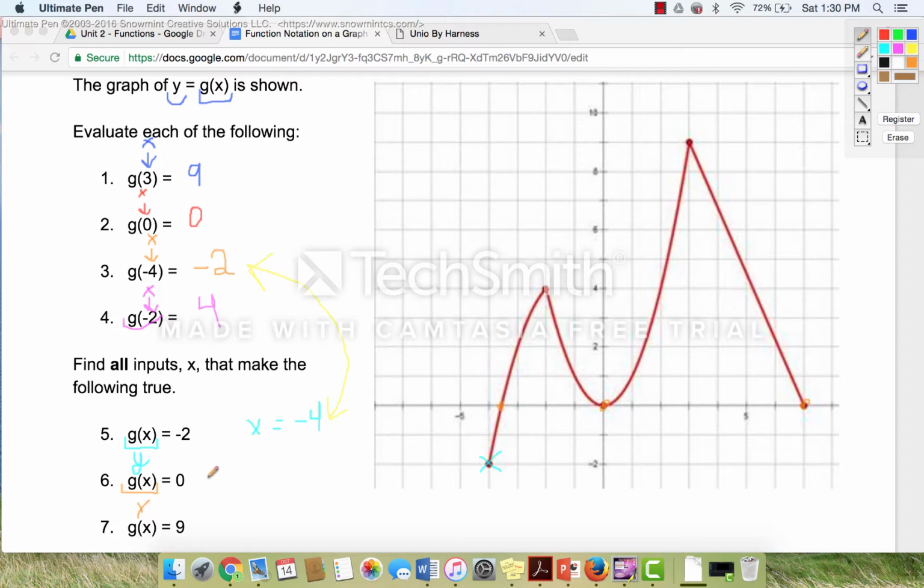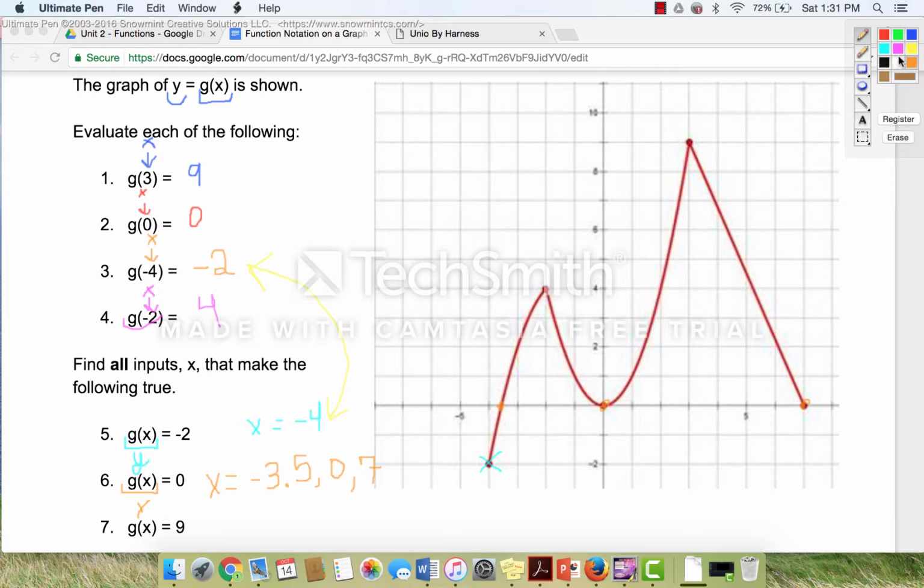I think I called it -3.5 on your little quiz thing. So about -3.5 gives me a y value of 0. When x is 0, my y value is 0. And when x is 7, my y value is 0.